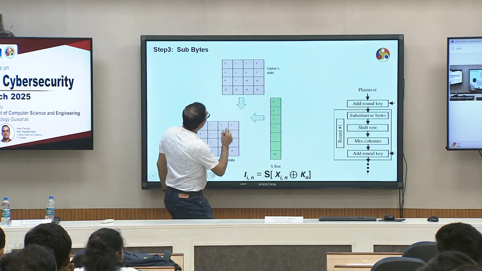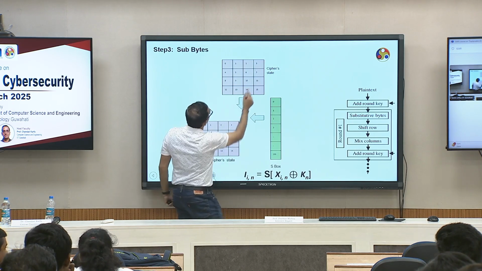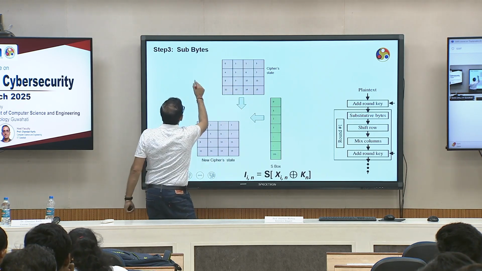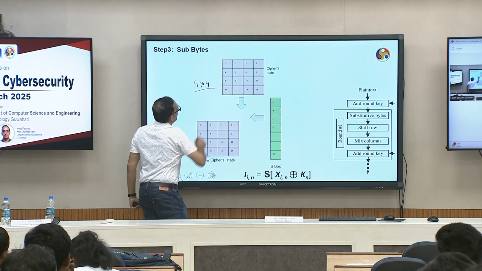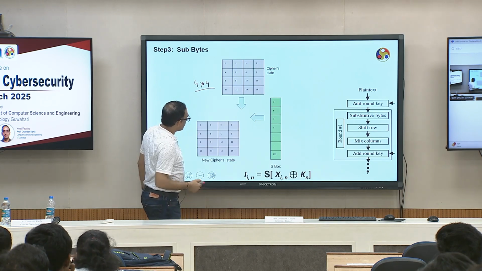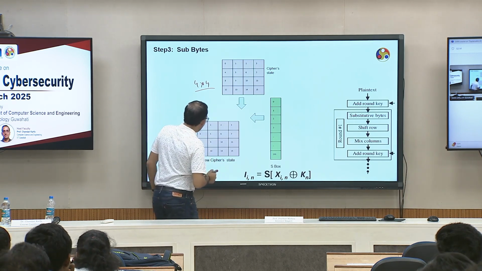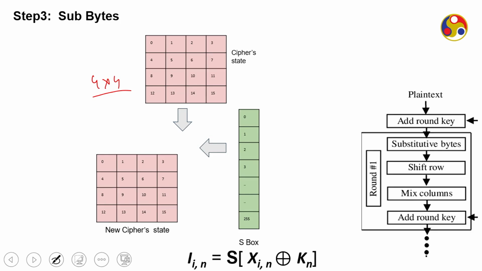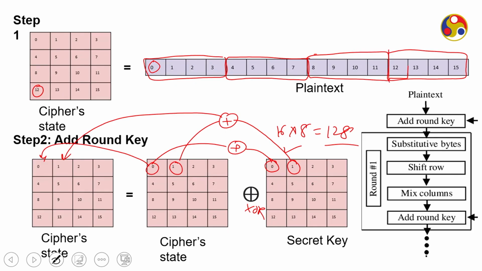So, this S box is what? You have this ciphertext which is a 4 cross 4 matrix, right. And you can think about this as 16. So I will just pick this, and this is my actual input, xin, which is basically my x.